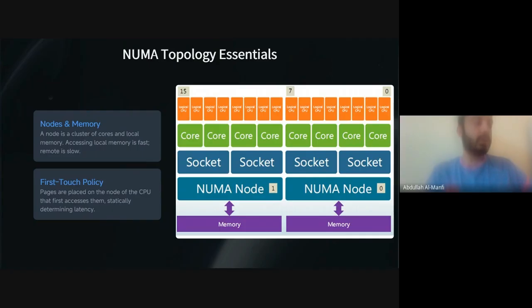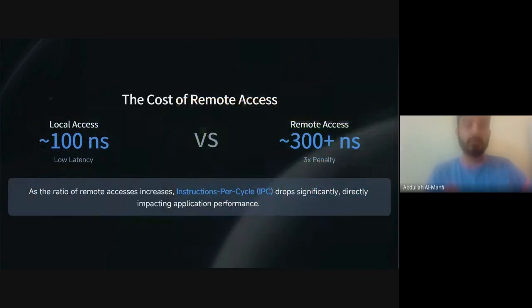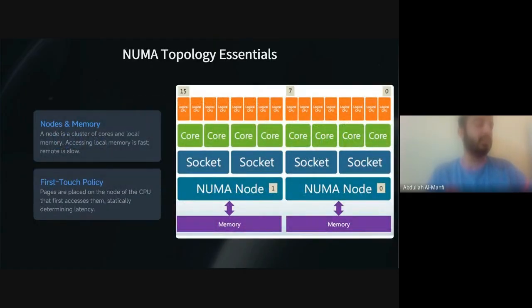A common policy is first touch: a page is placed on the node of the CPU that first accesses it. This means that the placement of threads and data strongly shapes the latency profile of the whole application.